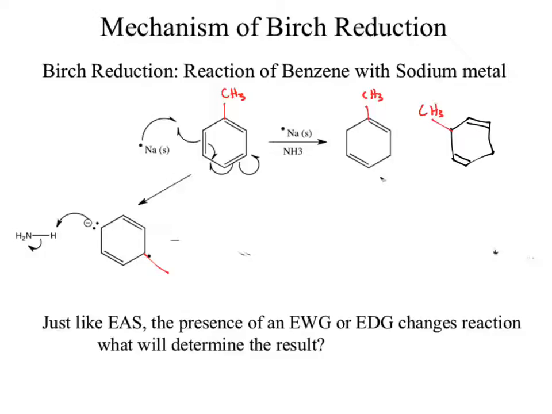But if the radical was there, couldn't the radical have just as easily been on the opposite side, which meant the methyl group would just as easily have been here? Yeah, either way. Oh, I see what you're saying. What do you mean either way? Elaborate.